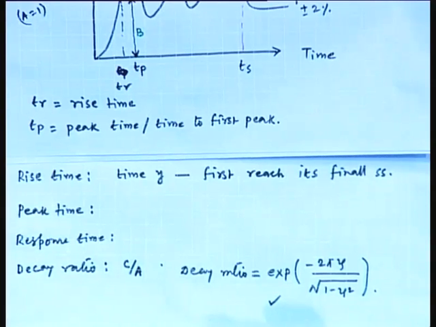From that expression we can easily derive the expression for decay ratio, and that is this one. Decay ratio equals exponential of minus 2 pi zeta divided by root over of 1 minus zeta square.